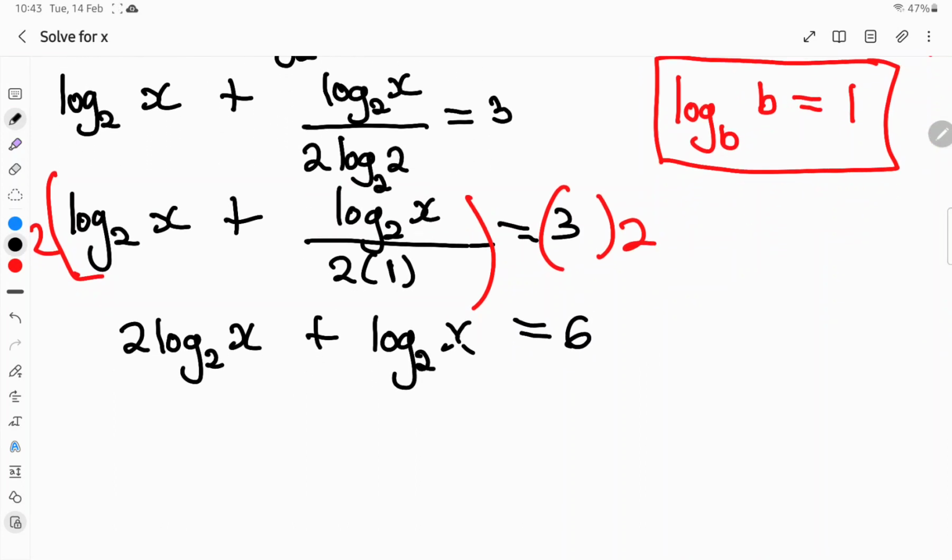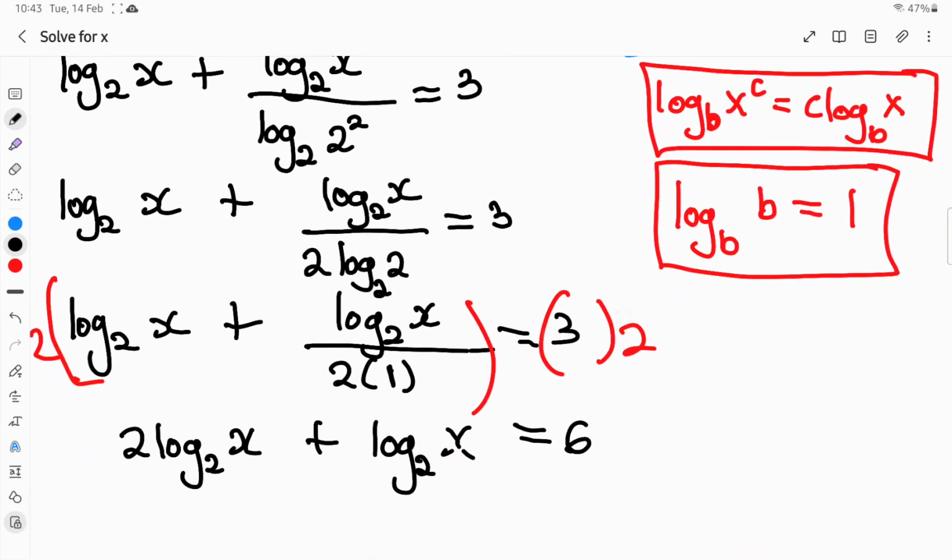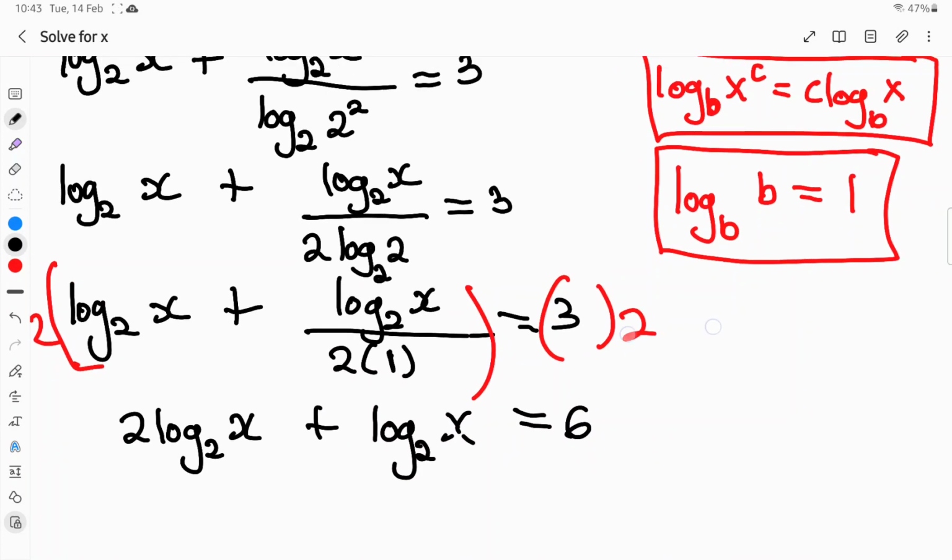Quite interesting. So now we want to apply the first law that I indicated up there, in reverse. Take this 2 and make it the exponent.